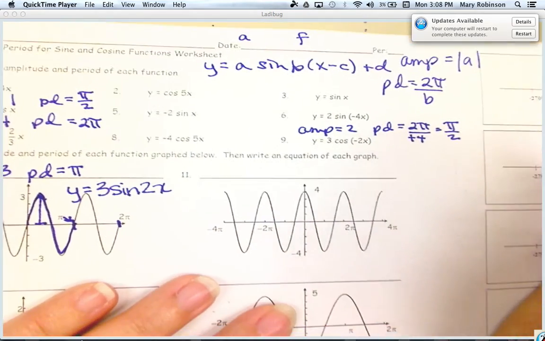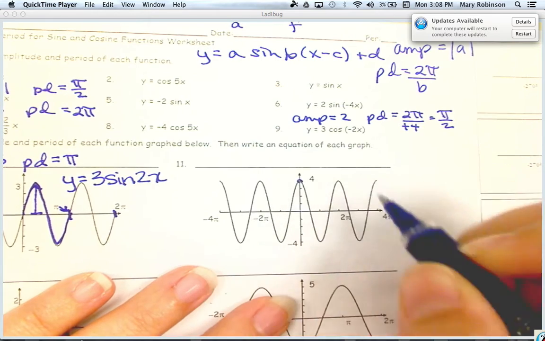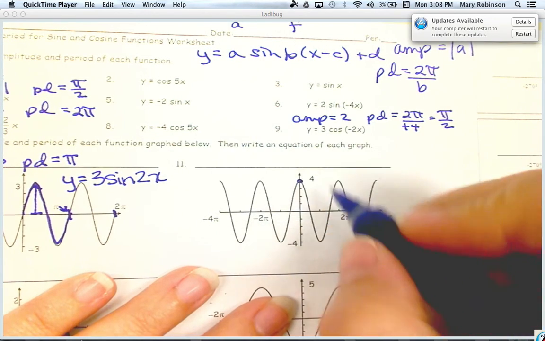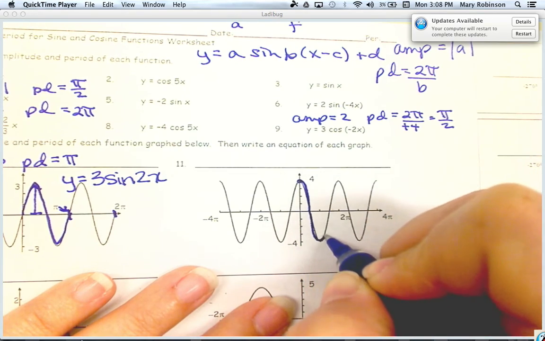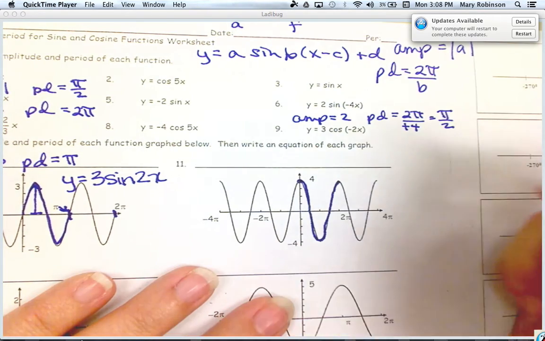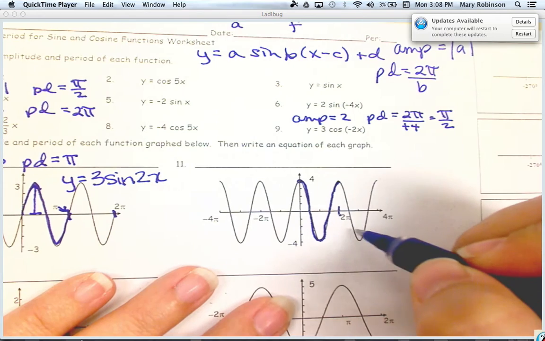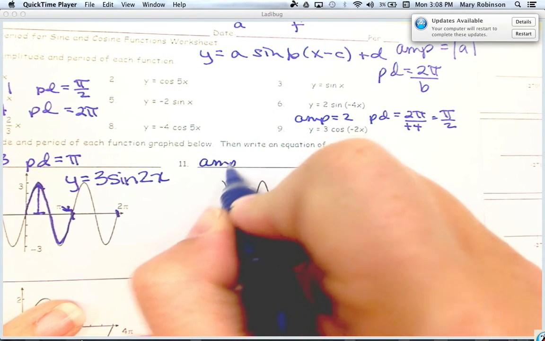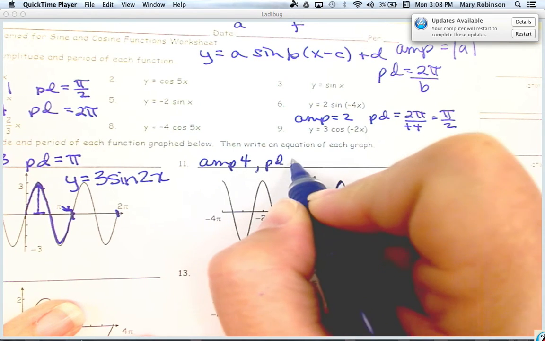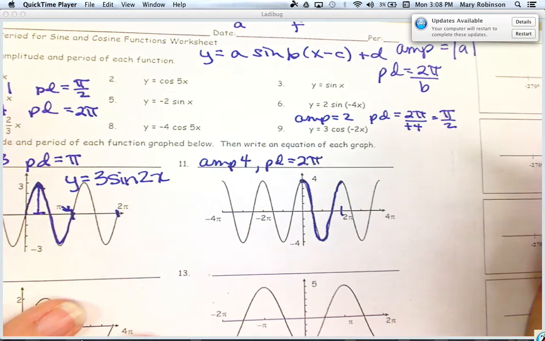So if we take a look at number 11, we know to use cosine if it starts here, the max is on this vertical axis. So that would be one cycle, and you can see one cycle fits into a period of 2 pi. So our amplitude is 4, and our period is 2 pi.